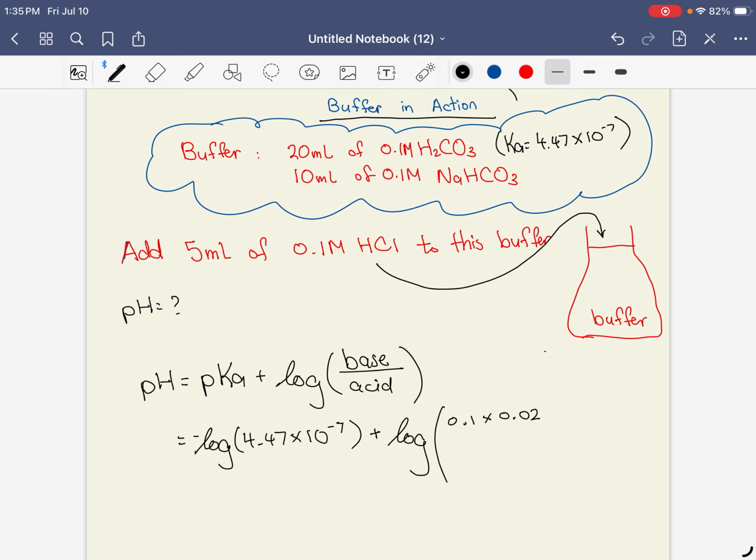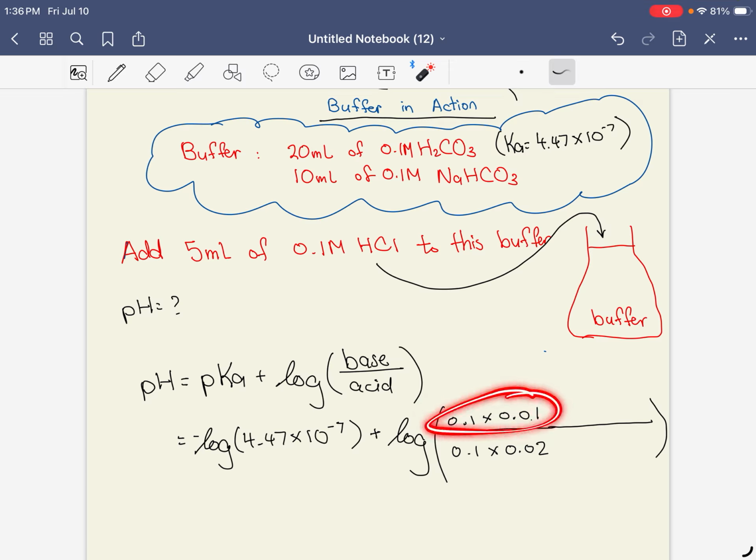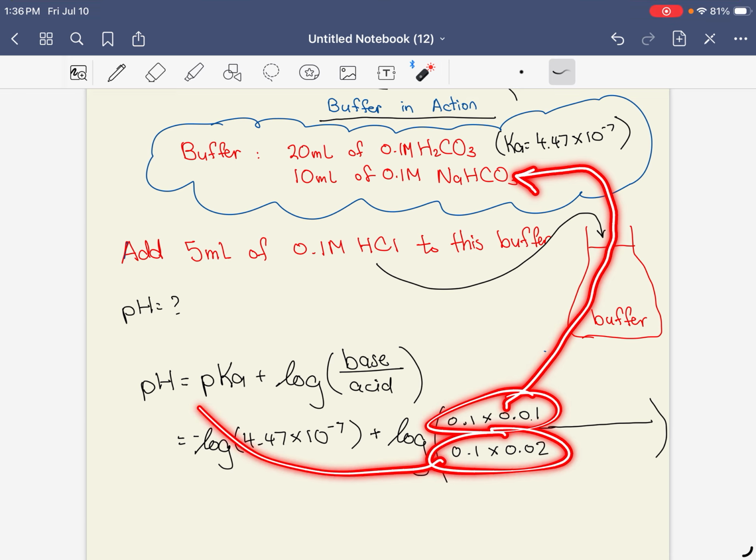Okay, oh, I think I'm looking at the wrong column. 0.01, that's the base, over 0.1 times 0.02. Extend this, because this, yes, is the original mole of my base. This is the original mole of my weak acid.